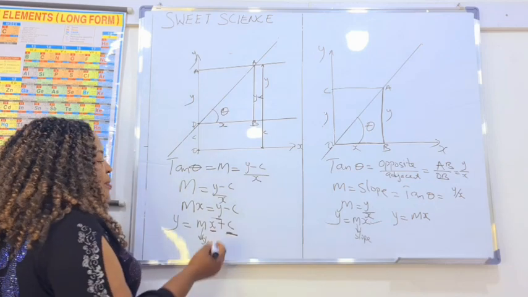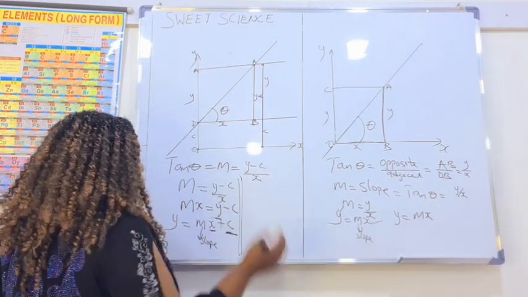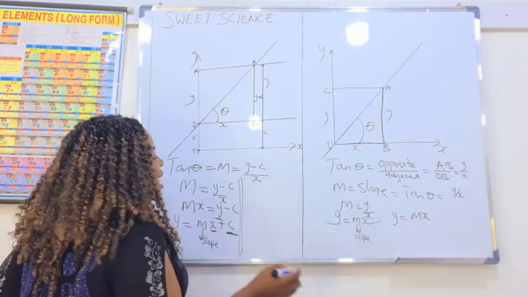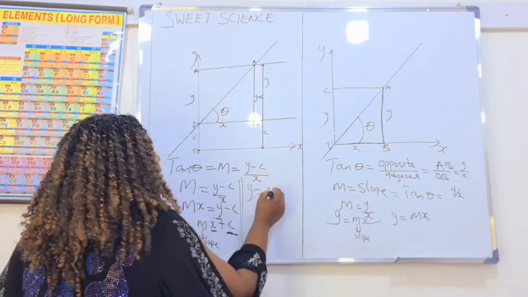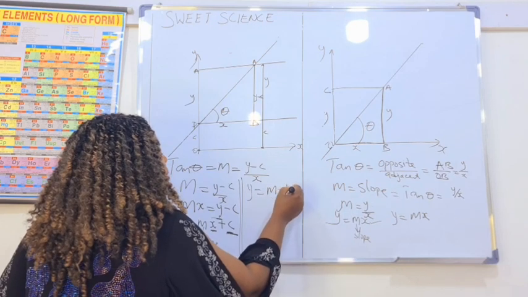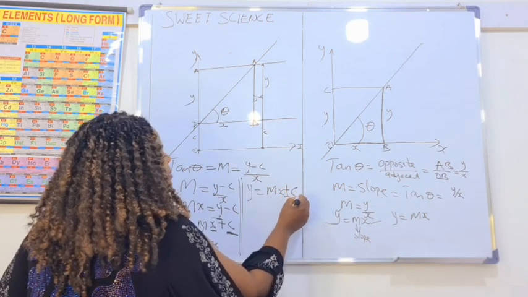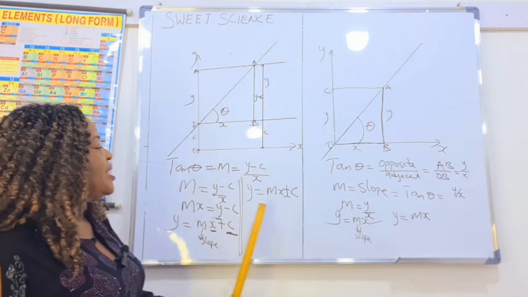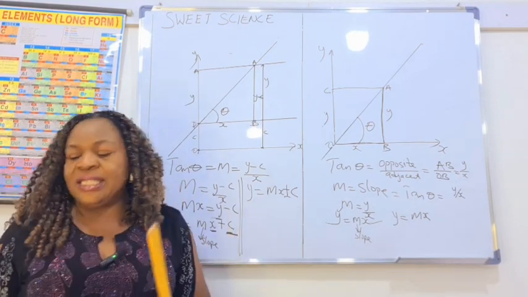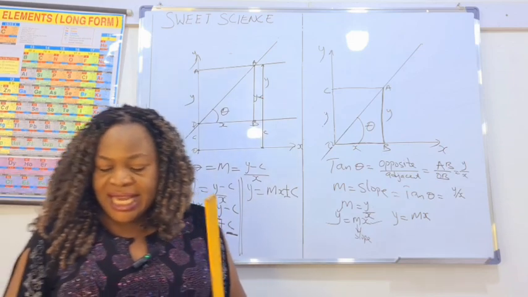And when that happens, that's why the equation of the straight line graph is always in this form: y equals mx plus or minus c. So the intercept can be positive or negative.